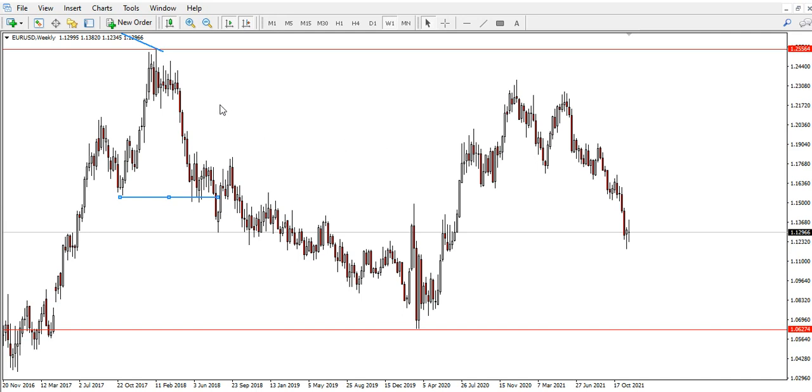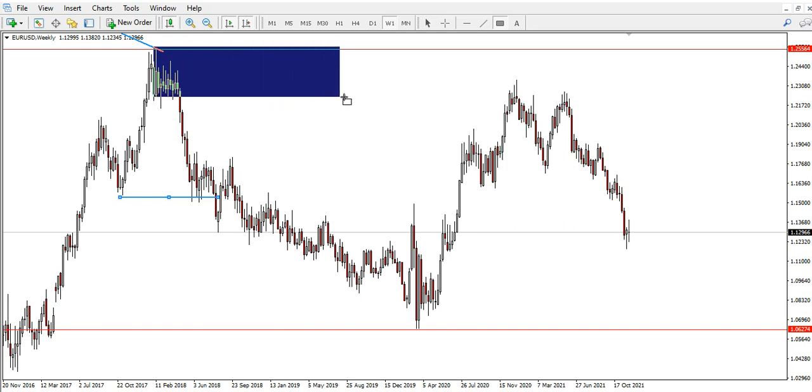And this is what we'll do now. Let's take the last up candle prior to the change of direction. The last up candle is this one that has a wick up. So what do we do? We take this candle as it is, we highlight it and push our rectangle further.